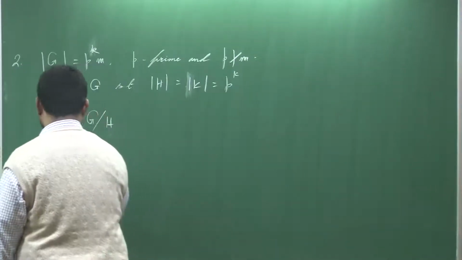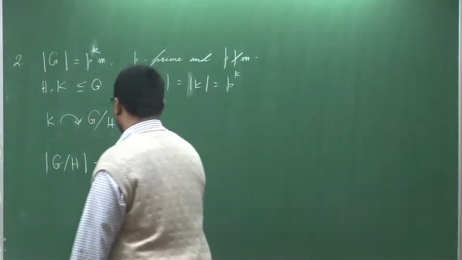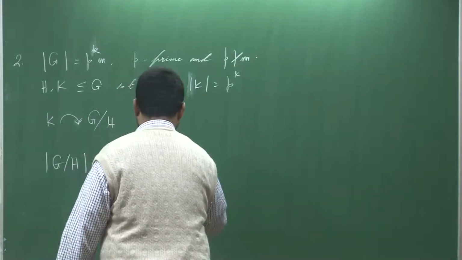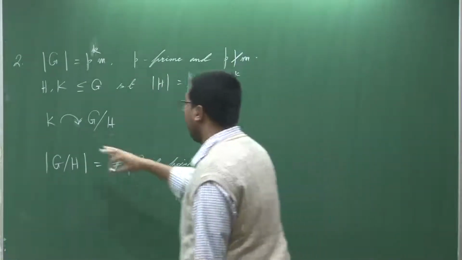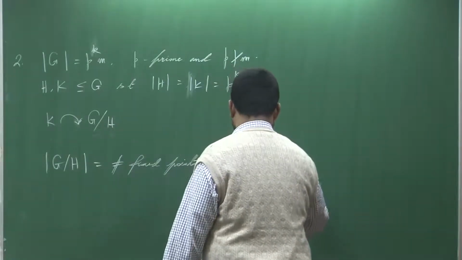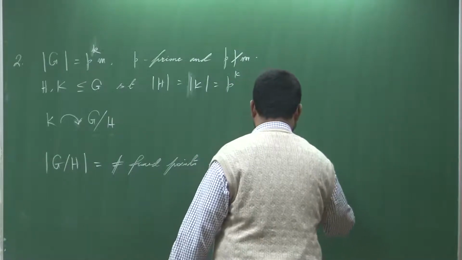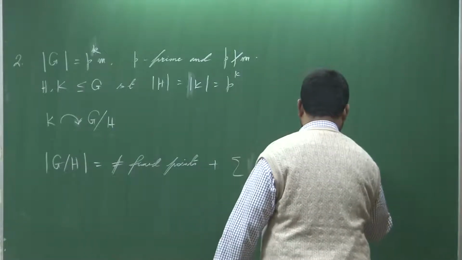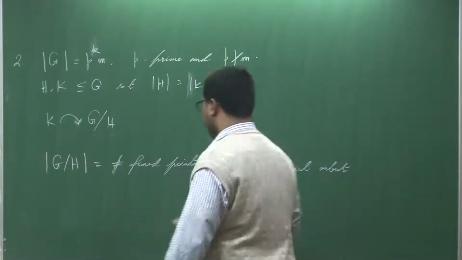The class equation just says that the number of fixed points plus the non-trivial orbits, sum of the orders of the non-trivial orbits.